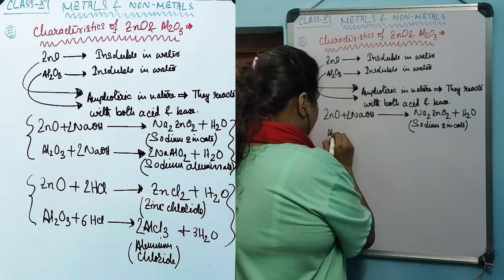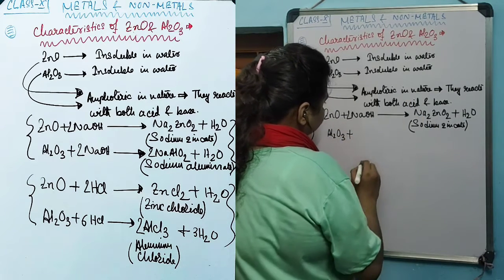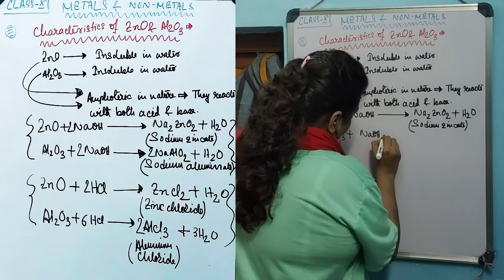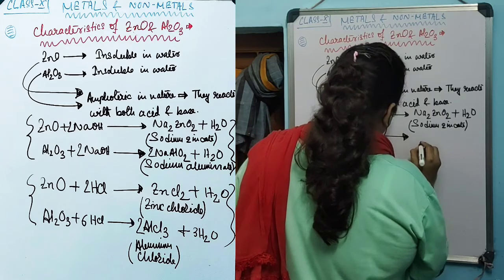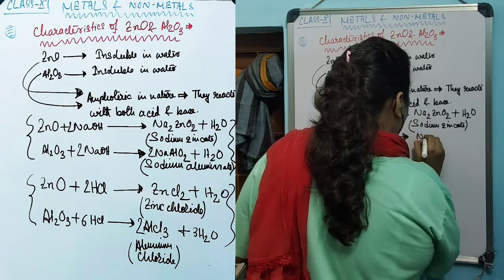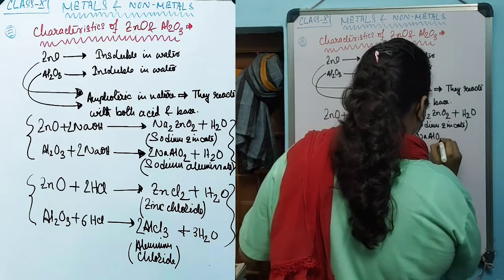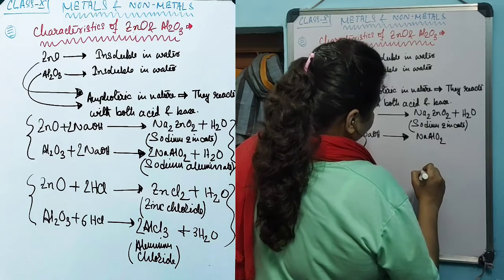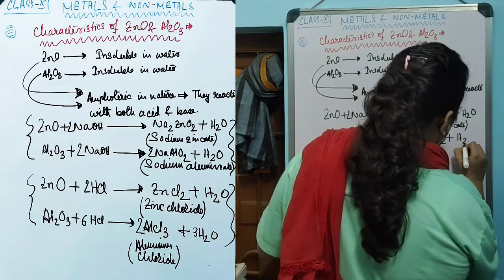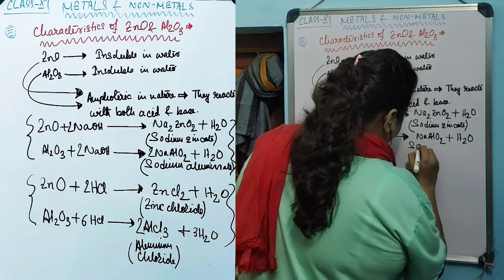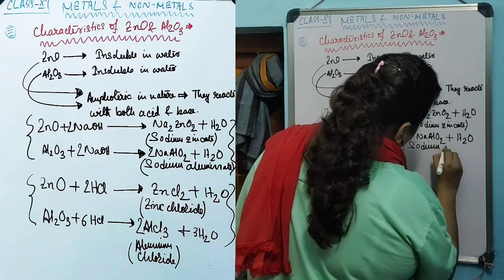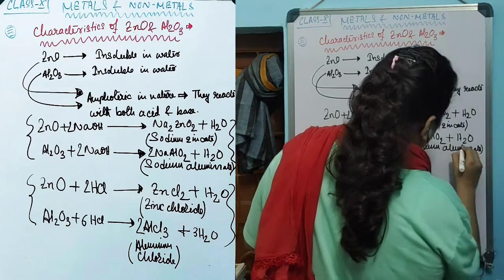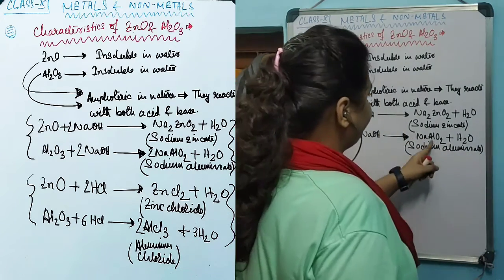Similarly, when Al2O3 is reacted with sodium hydroxide, it produces sodium aluminate and water. This is sodium aluminate, NaAlO2.